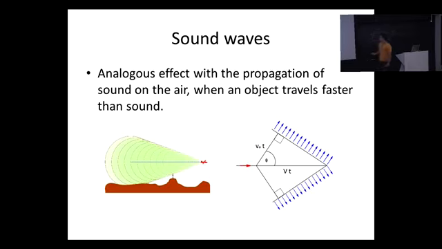If the plane has a speed below the sound speed, then the waves will arrive one by one. When it is supersonic, the waves kind of arrive at the same time.